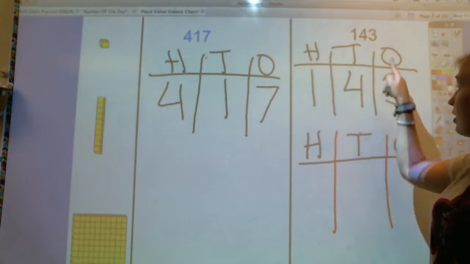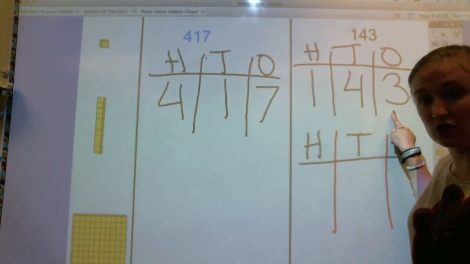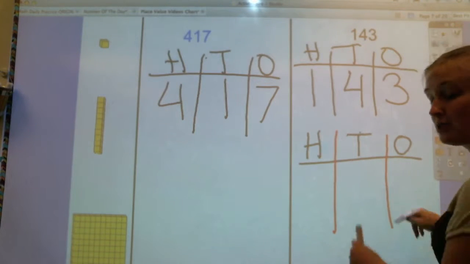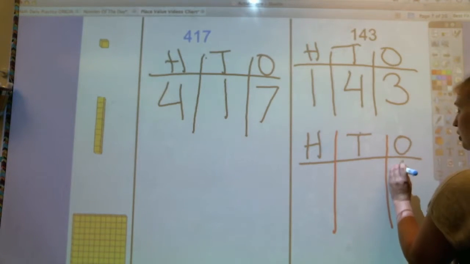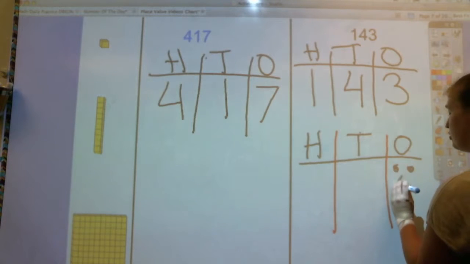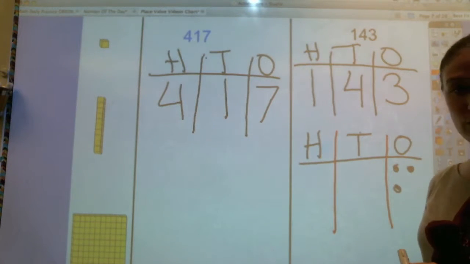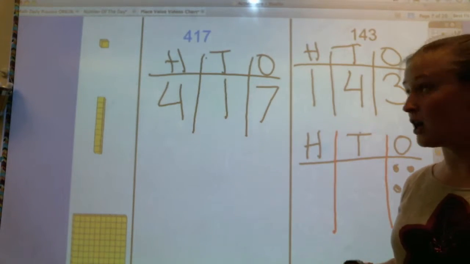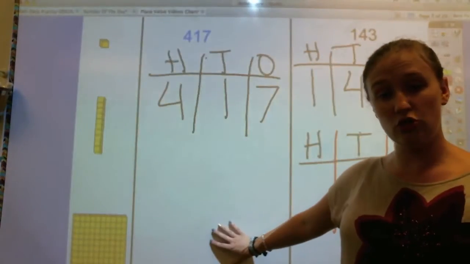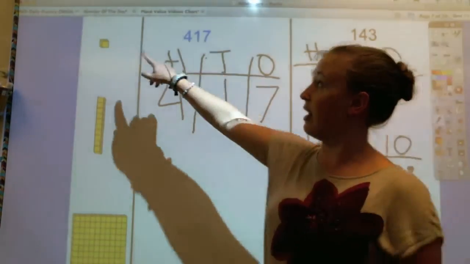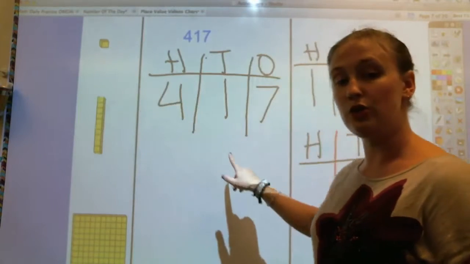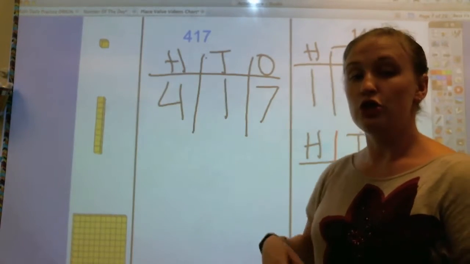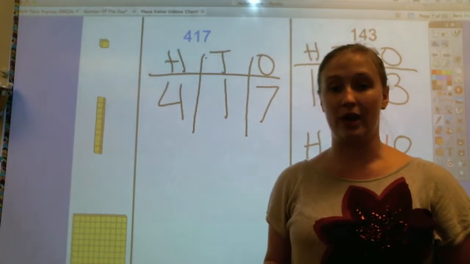My number has 3 ones, so I need 3 units. 1 unit, 2 units, 3 units. Pause the video while you make your next hundreds chart and put the number of units into your ones place. Start the video again when you are ready to continue.